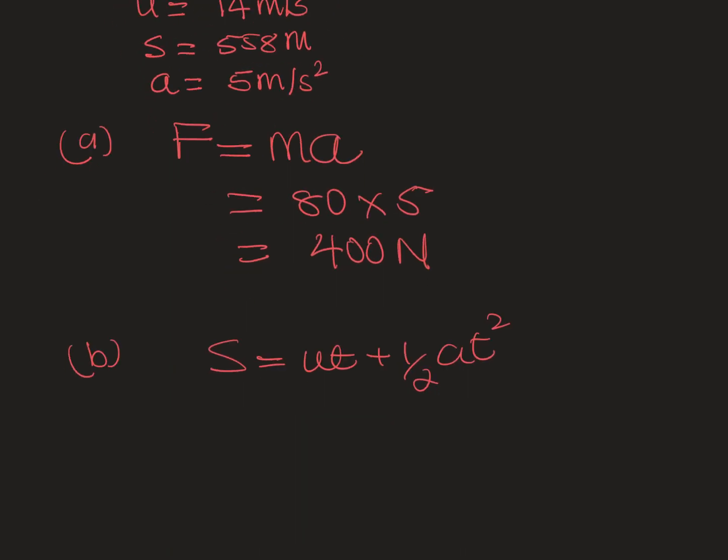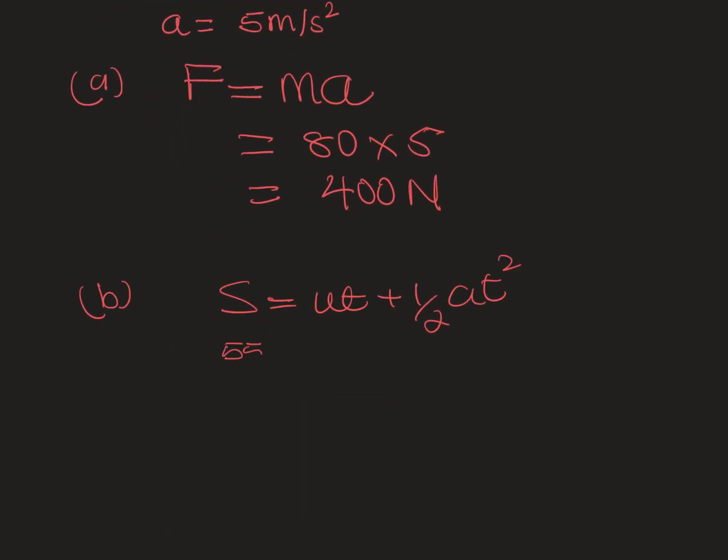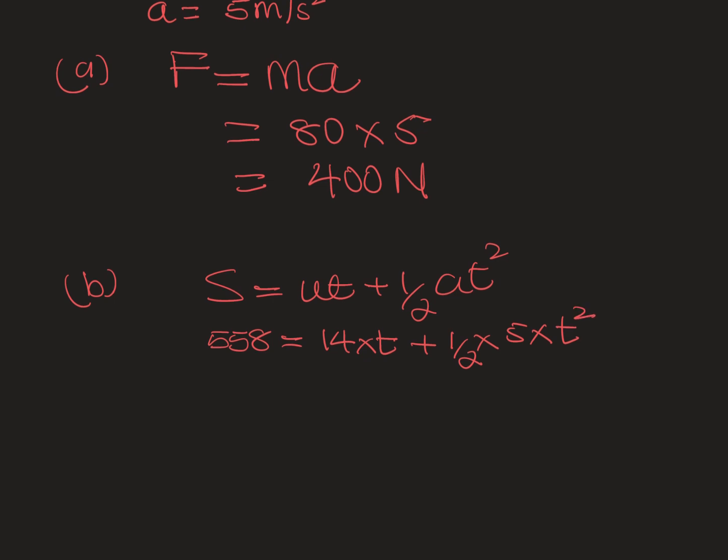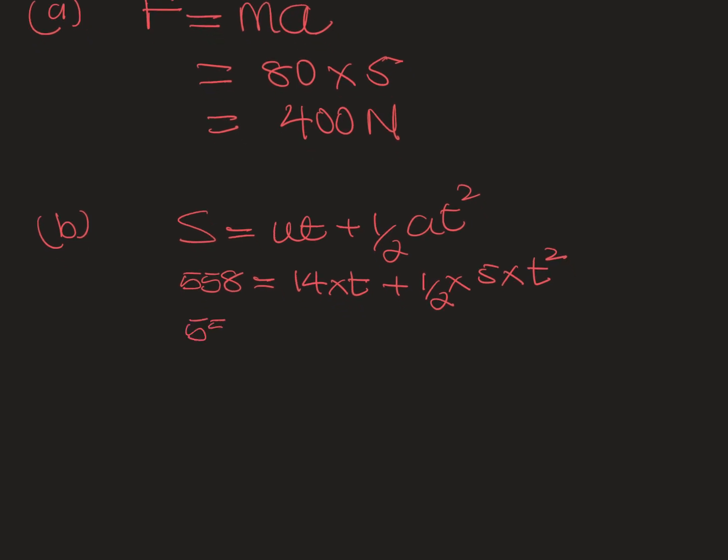The distance given in the question is 558, so 558 equals the initial velocity 14 multiplied by time, plus half multiplied by the acceleration 5 multiplied by time squared. That will be 558 equals 14t plus half times 5, which is 2.5, t squared.